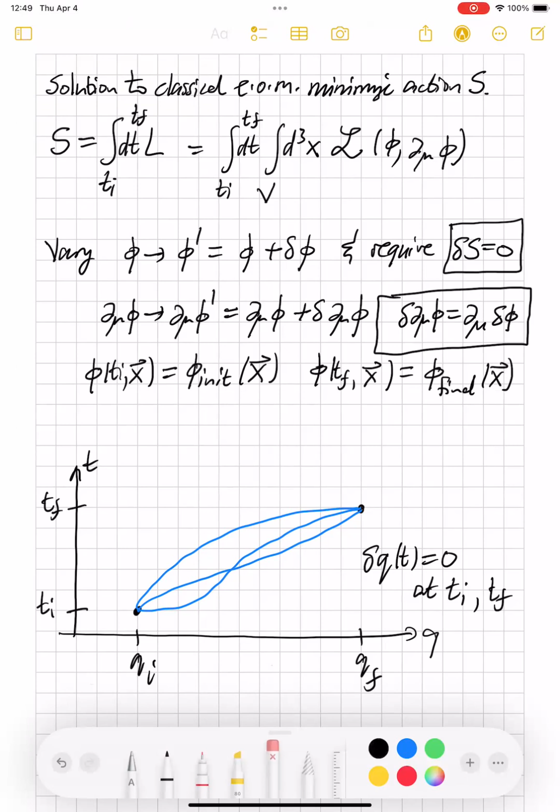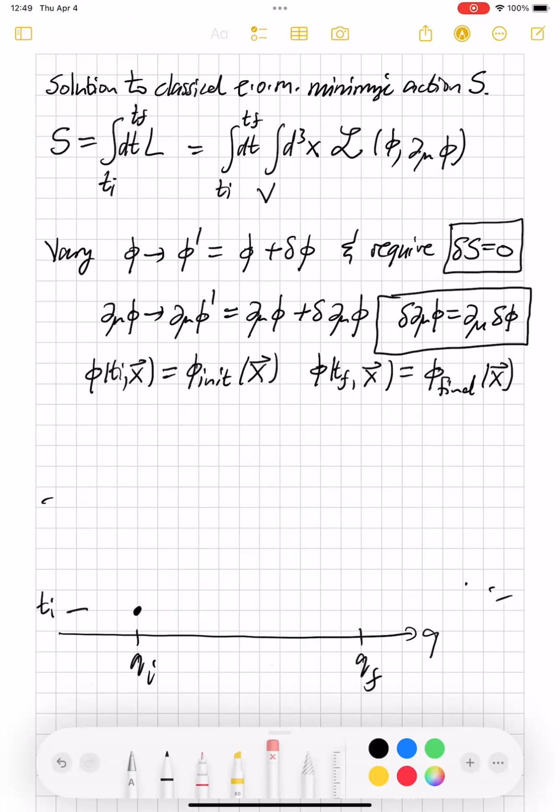So in particular, what this means is the variation that we allow when we want to change delta phi, we are only going to consider phi's and phi primes that both satisfy the correct initial and final conditions.